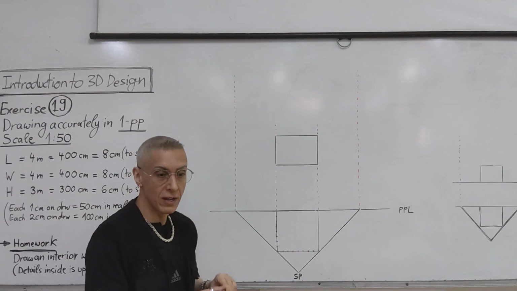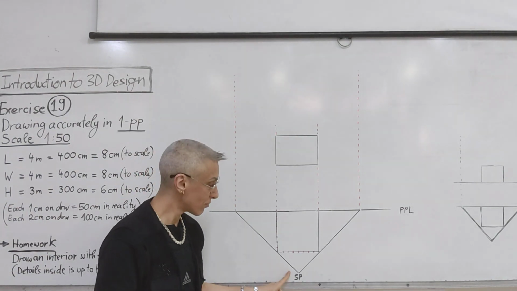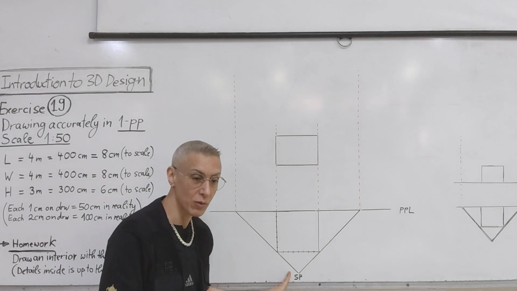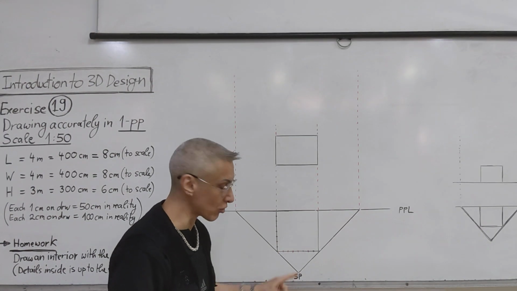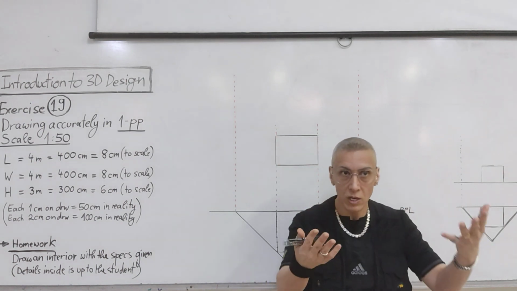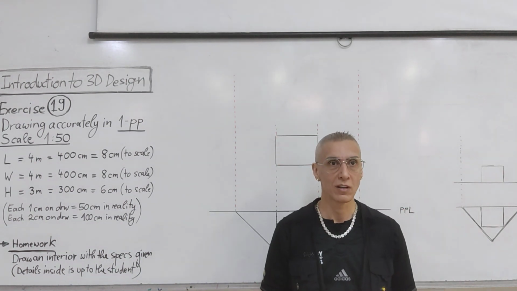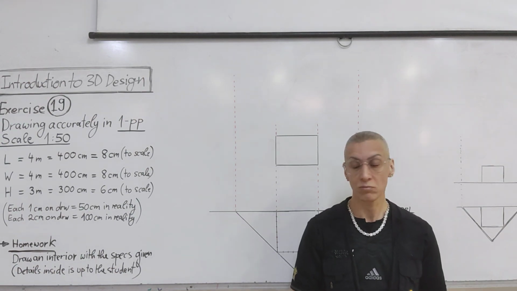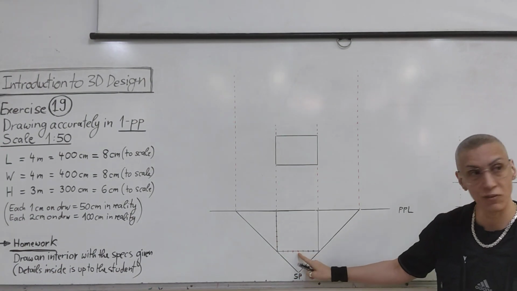Then we will have to find the station point, which is at 90 degrees, so similar to the other methods that we use. Now, the station point is the place where you are actually looking at the room. So, if I'm exactly in the middle now and looking at this room and drawing it, the station point is exactly in the middle.